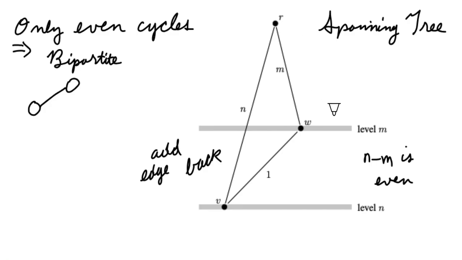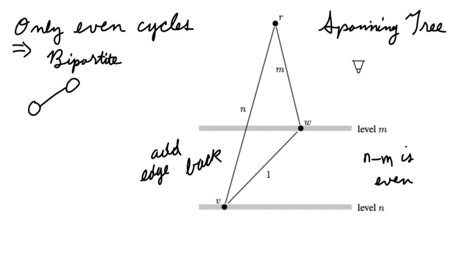Now let's divide this into levels, meaning the length, or how many edges away a vertex is from this root. Right now there's no cycles in the spanning tree, but to produce the original graph we just need to add edges back in.